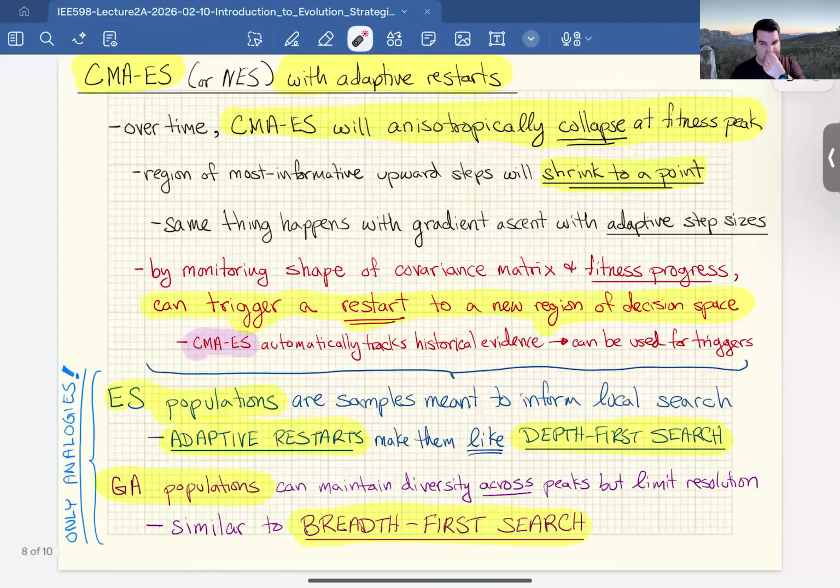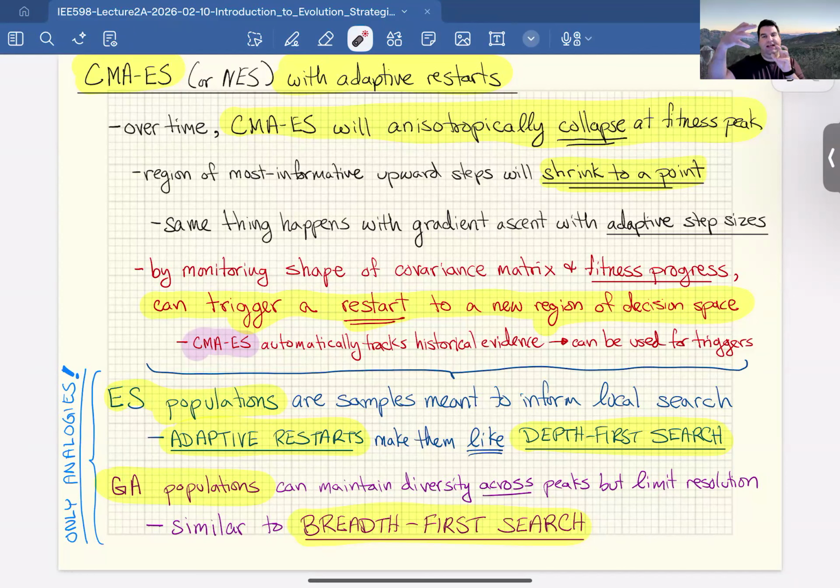So that gets us to what happens eventually here. CMA will anisotropically collapse to a fitness peak. What that means is the distribution that it's fitting is going to look like a funny shape. It's going to look like a cigar, with some directions which allow for larger step sizes than others.